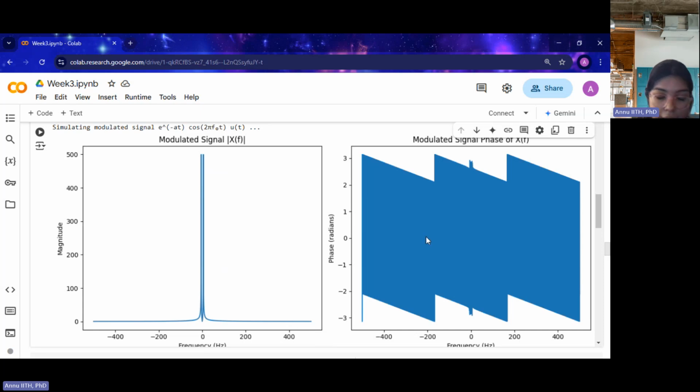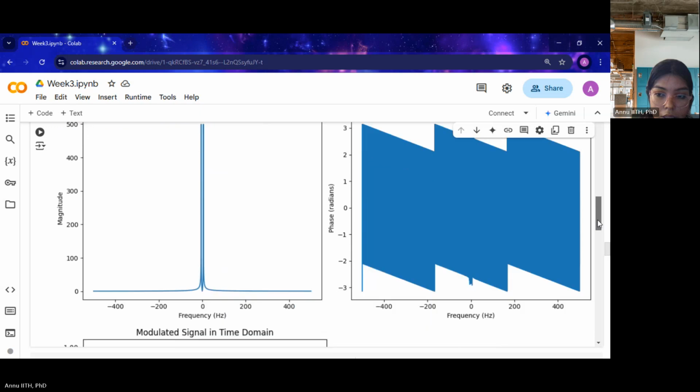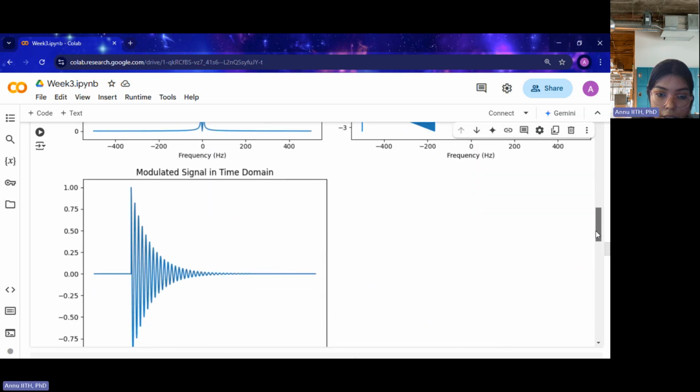So as we know, whenever the signal is multiplied by cos 2 pi f naught t, the frequency spectra is shifted from plus f naught to minus f naught. So it is the modulated signal in time domain.